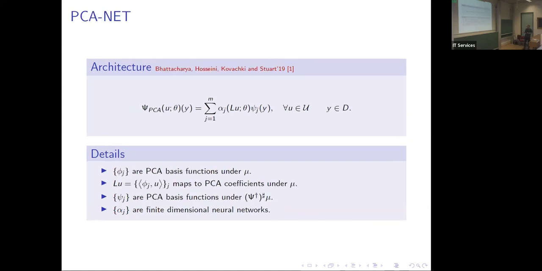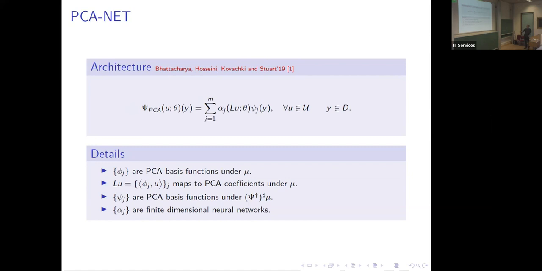And let me just point out that the structure of that is that when you put all that together, the form of the operator that you try to learn is a sum over m, where m is related to the number of PCA basis functions that you use, of the product of a function on the input space and functions on the output space.